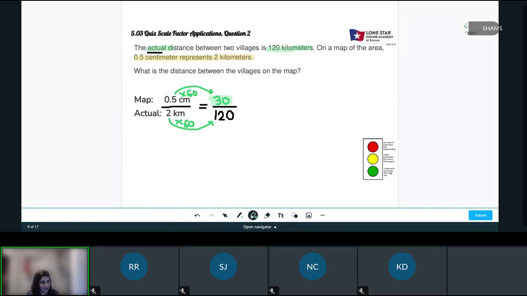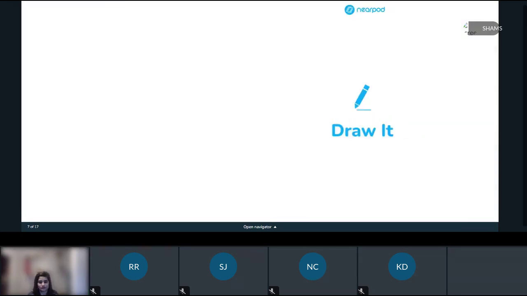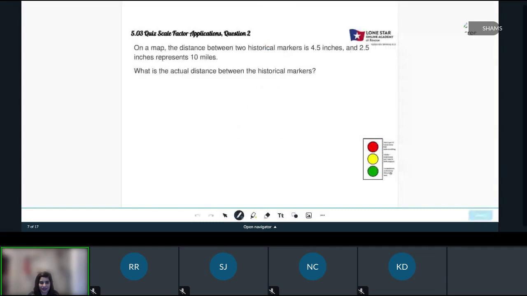Let's go ahead and move on to the second variety of question 2. And here it is. On a map, the distance between two historical markers is 4.5 inches. And they also tell you about the scale: 2.5 inches will represent 10 miles on a map.